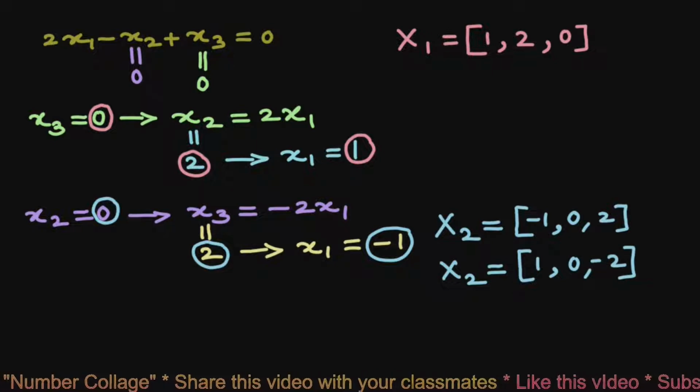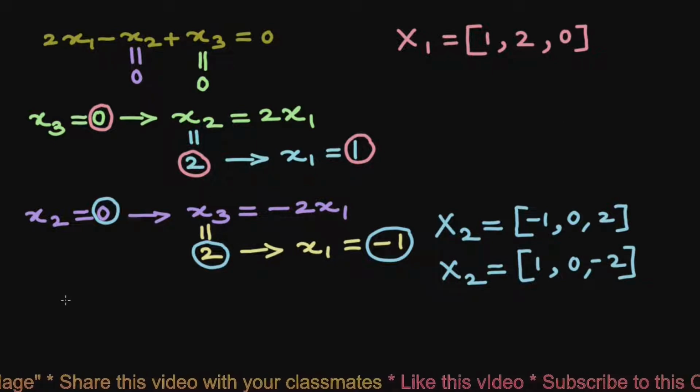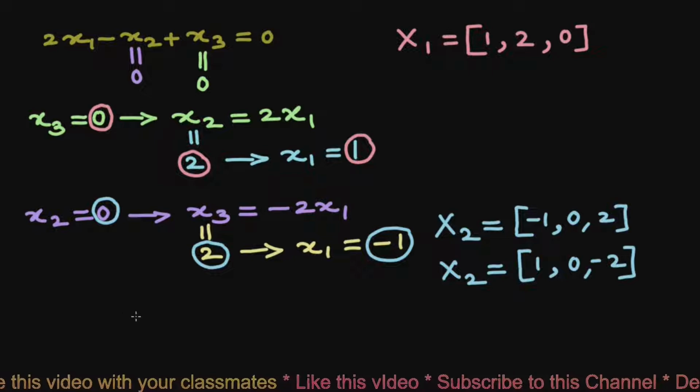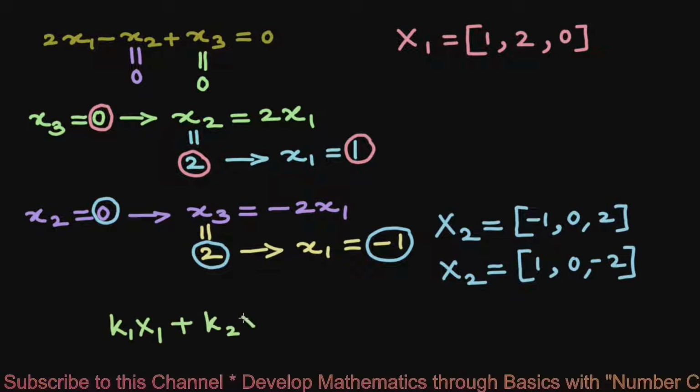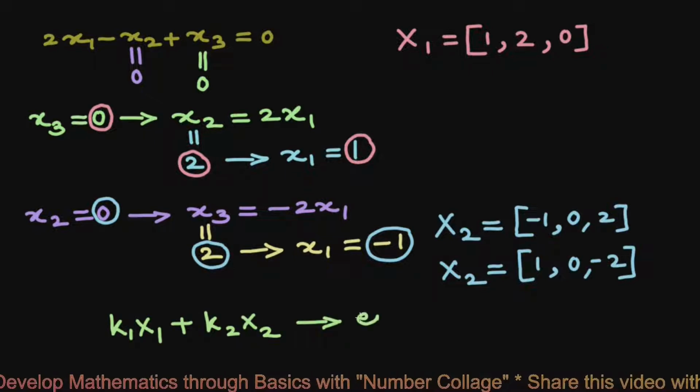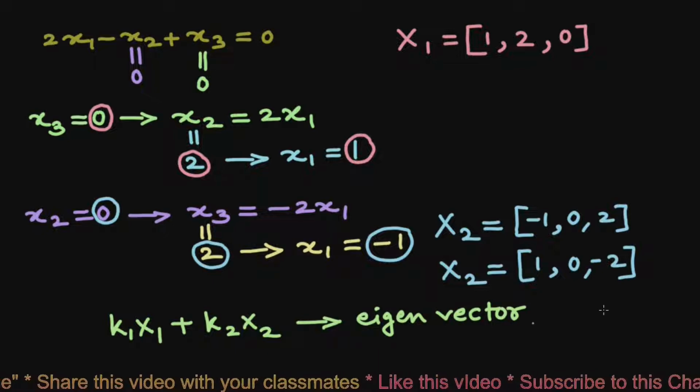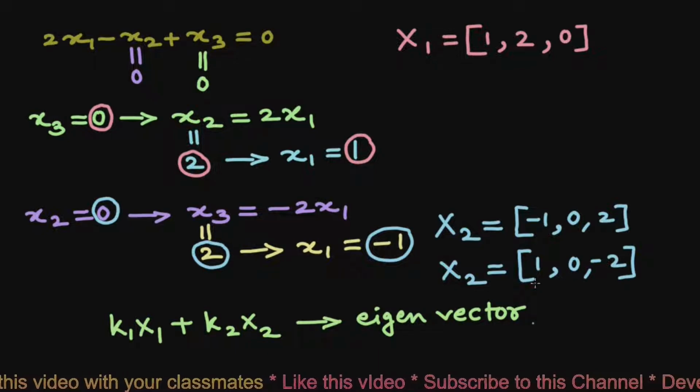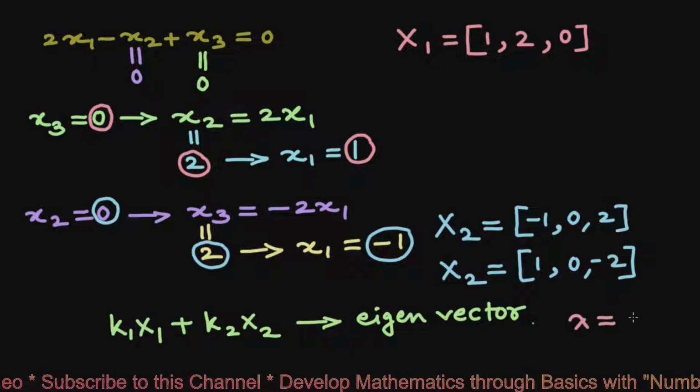Further, we can also say that if k1 and k2 are non-zero scalars, then k1X1 + k2X2 will also be an eigenvector.